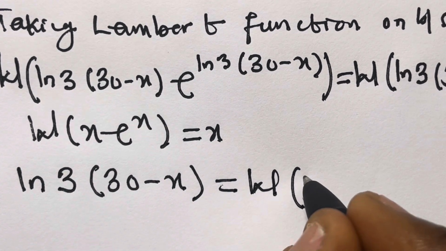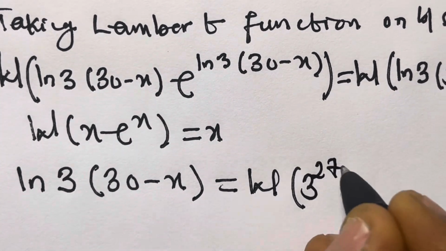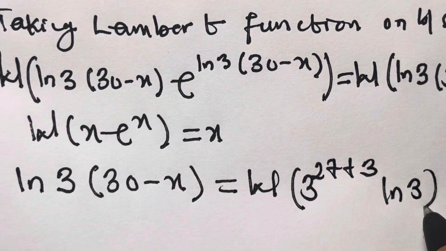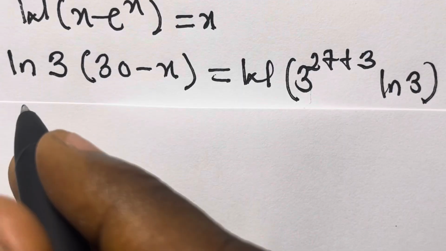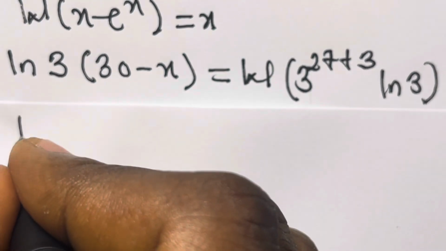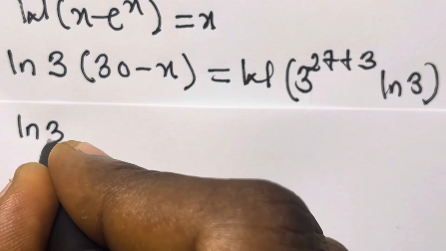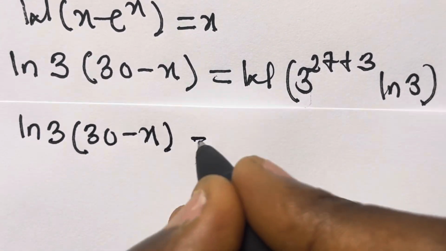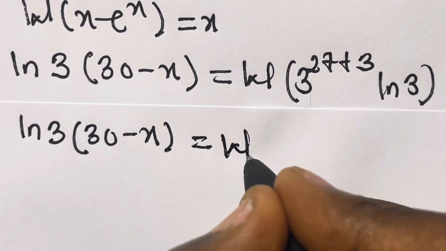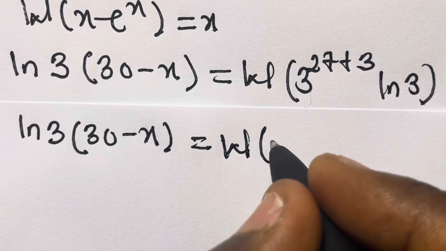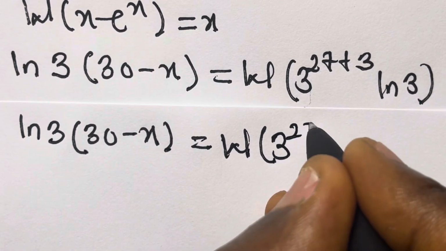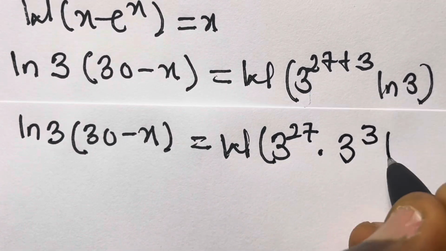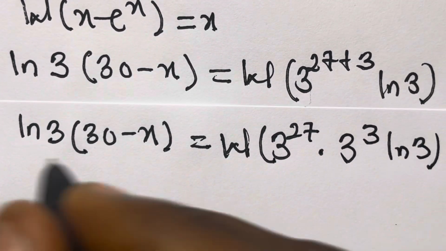We can express this as 3 raised to the power 27 plus 3. So we have ln 3 multiplied by 30 minus x equals the Lambert function of 3 raised to the power 27 multiplied by 3 raised to the power 3, times ln 3, right?